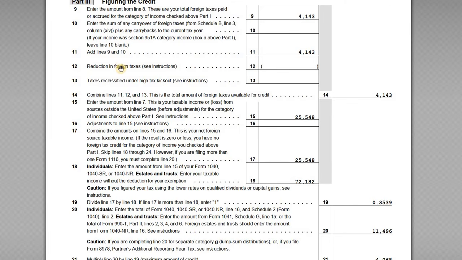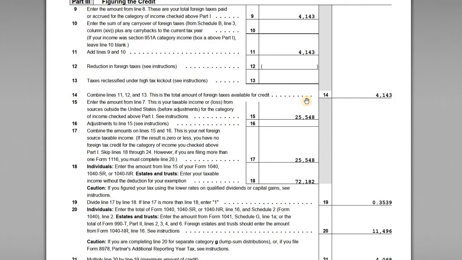Now lines 12 and 13, reduction in foreign taxes, you might have this apply if you claim the foreign earned income exclusion, because you would have to reduce the amount of creditable taxes by the amount that's basically exempt. The high tax kick-out exception, if you have passive category income that is subject to a very high tax rate in the foreign country, you might be able to get that recategorized, and so that's what this line item is designed to do.